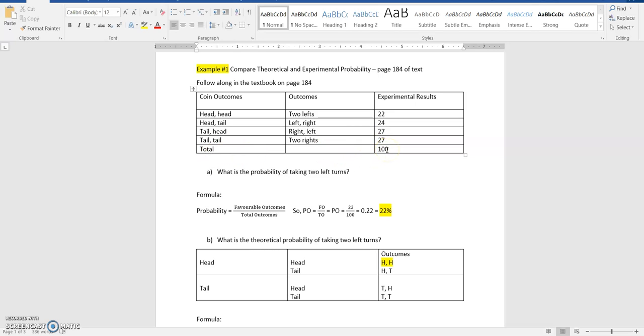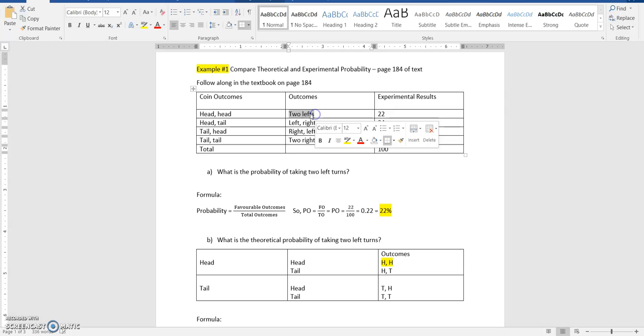All right. So question A, from the data, what is the experimental probability of taking 2 left turns? Okay, so up here we can see that here's the 2 lefts. That comes from flipping 2 heads. That happened 22 times out of 100. Highlighting those there so you can see them.